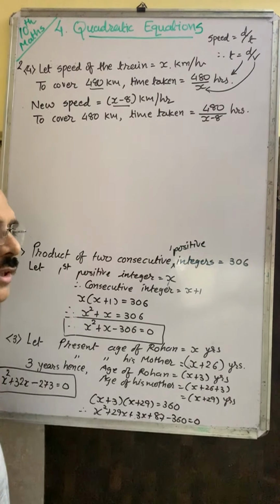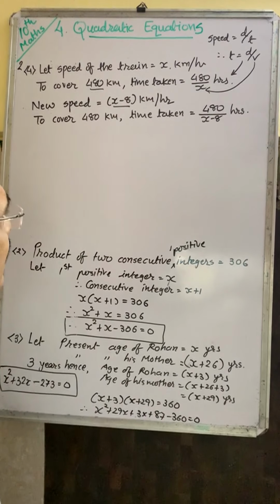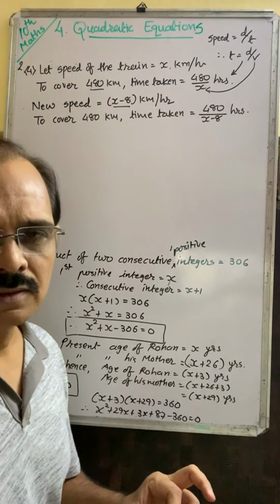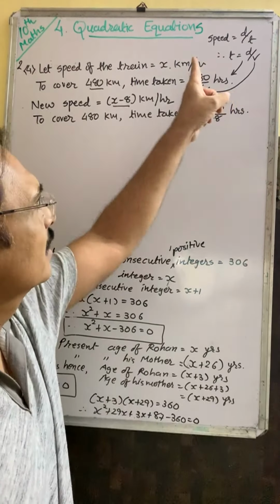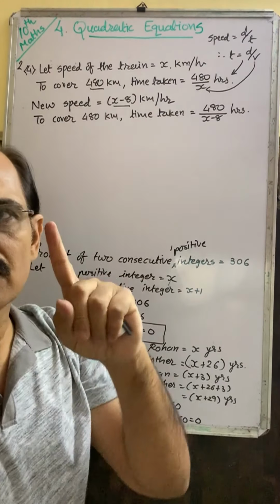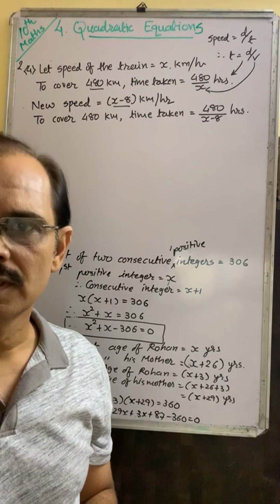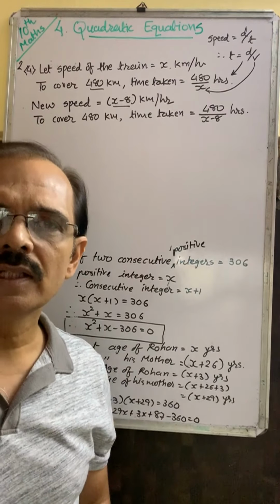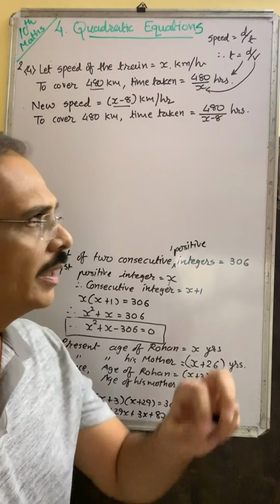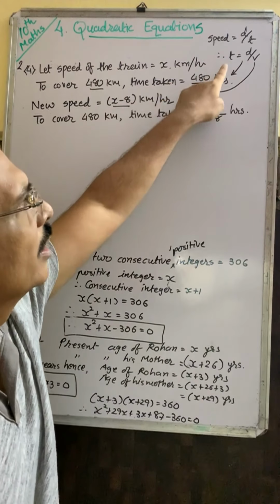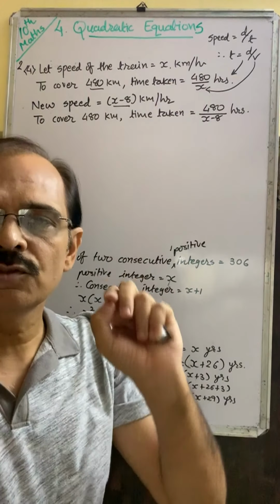Apply time equal to distance upon speed. Is that clear? A train usually travels with x km per hour and covers 480 km. How much time will be taken? 480 upon x, because time equals distance upon speed.